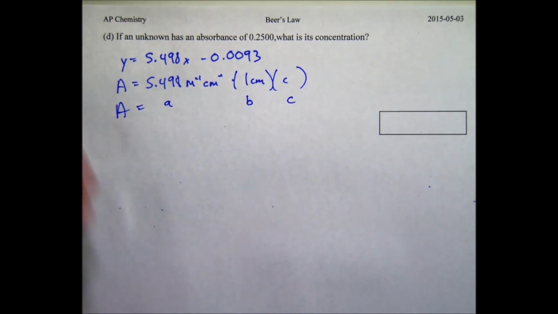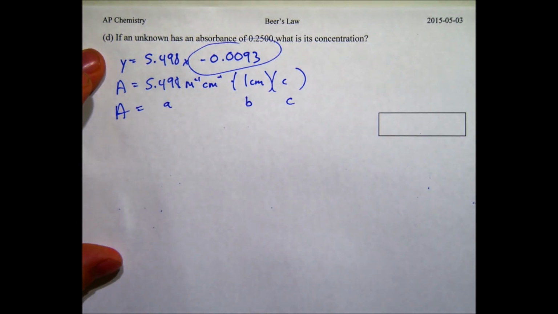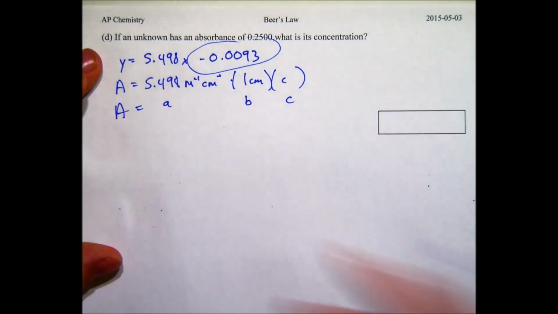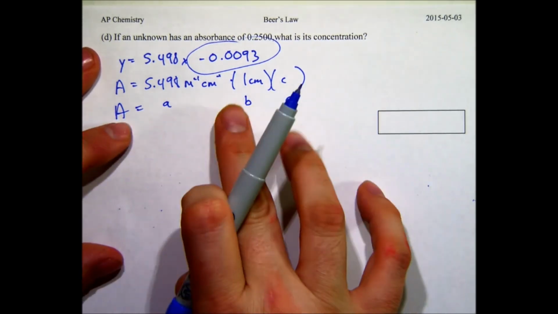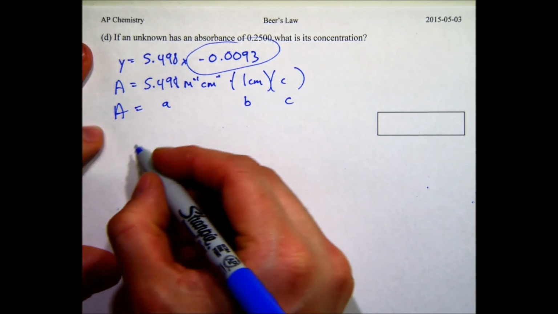Similarly, you can also just plug it right into the equation. That's usually what I do, because the offset here tells me that there was something that the water was absorbing at 500 nanometers, or the blank was. So when we plug that value in, you can use either this way or just plugging it into the equation. I'm just going to plug it right into the equation.